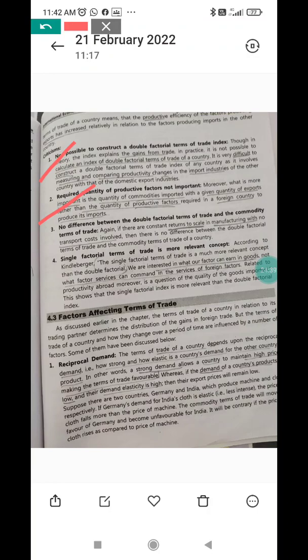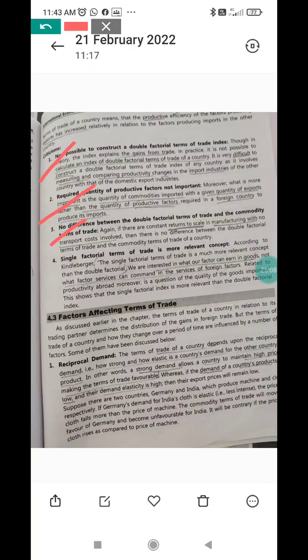Okay. The next point here is no difference between the double factorial terms of trade and the commodity terms of trade. There is no difference between double factorial terms of trade and the commodity terms of trade. Here, if there are constant returns to scale, I have told you what do you mean by returns to scale?